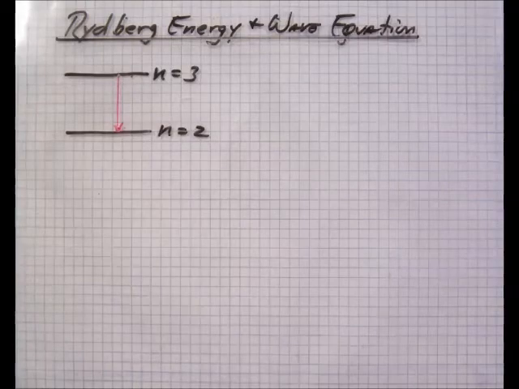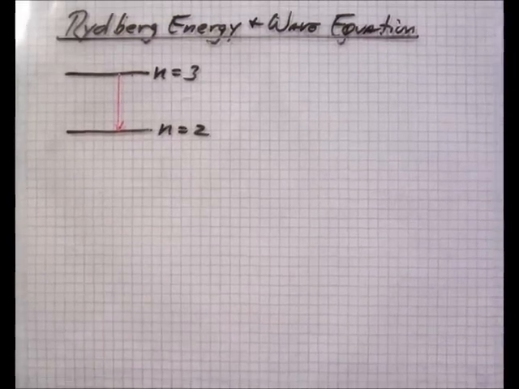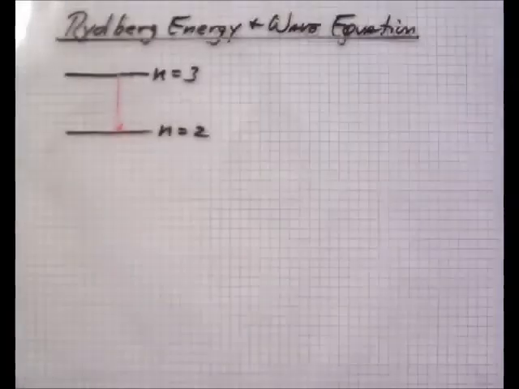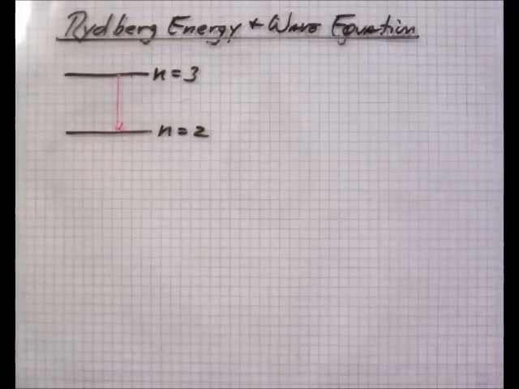Okay, this next section is known as the Rydberg energy and wave equations. What I'm about to develop for you and show you is equations independent of what we call the light variable EMR equations.